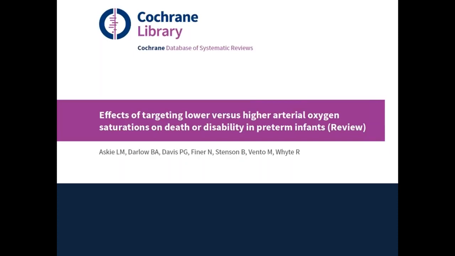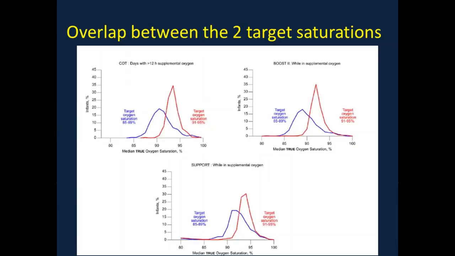In the European and Australian study, they found higher mortality with the low target saturation. But overall, there is no significant difference, and I have to mention that. There are some issues with the design of all of these trials, including overlap between the two target saturations. When we assess the pulse oximetry used in all of these trials, there was significant overlap between the two target saturations, which makes relying on these results an issue.